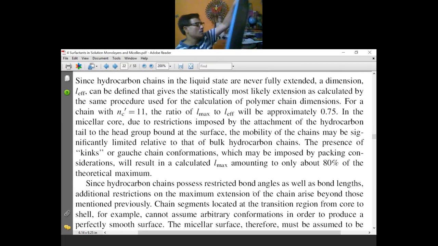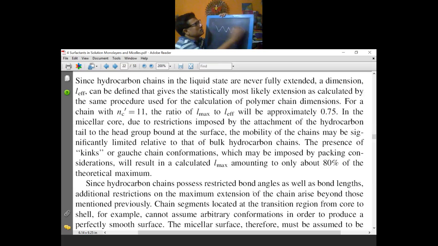As I showed you earlier, they are never fully extended. The carbon atoms are not straight; a couple of carbon atoms stay in a trans position like this. So in a surfactant, the hydrocarbon chains are like this.